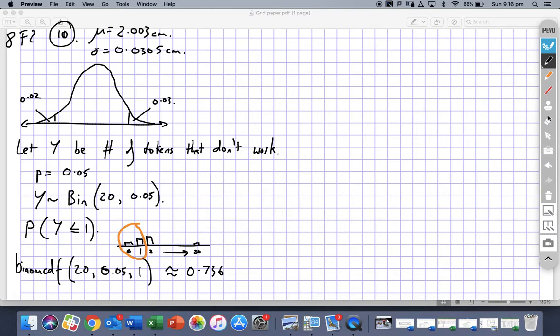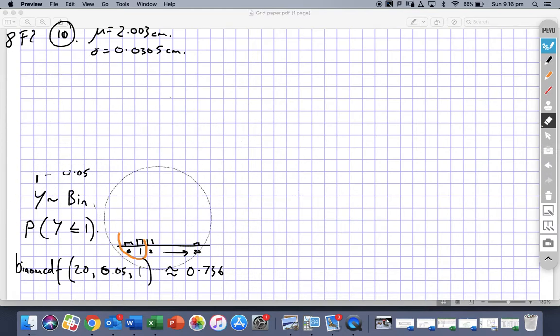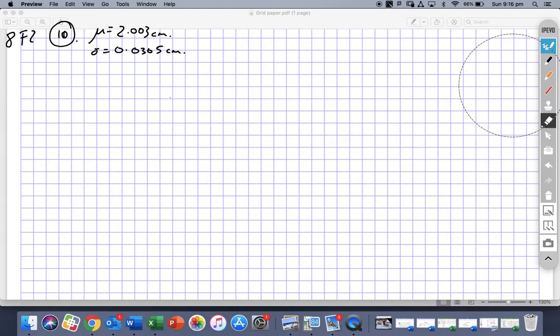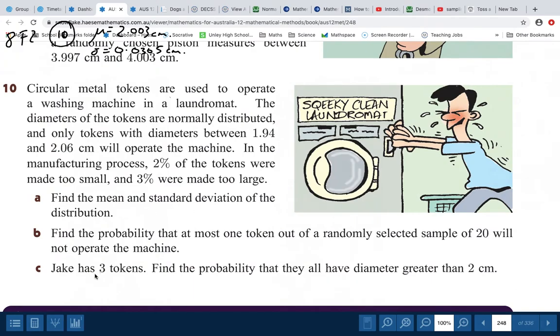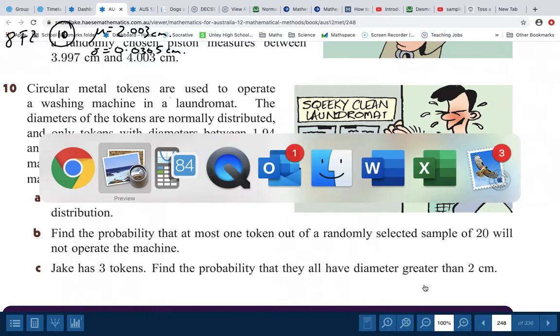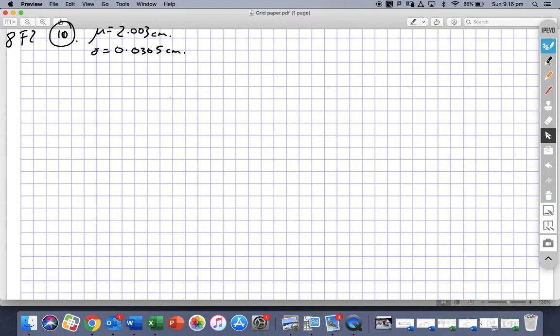Okay, let's look at the last question. I know this is a big one. Last question. C. Jake has 3 tokens. Find the probability that they all have a diameter greater than 2. Now this is also binomial. I'm going to use Y again, rather than go to another letter of the alphabet.